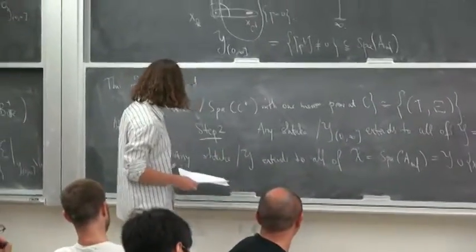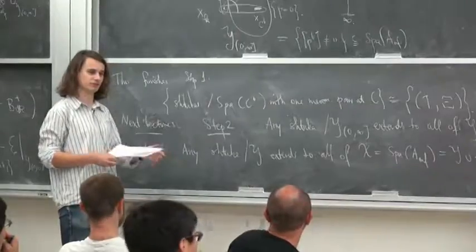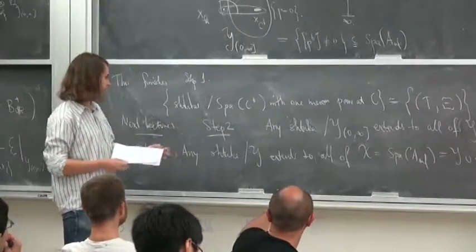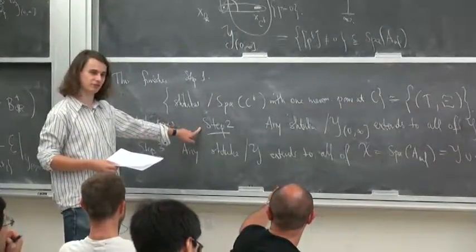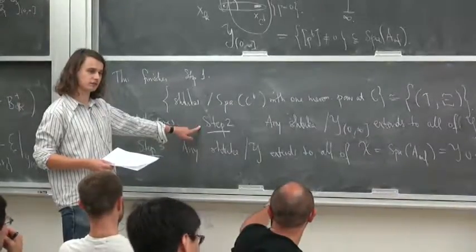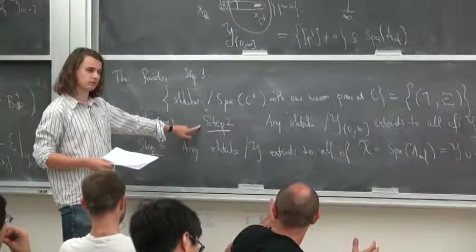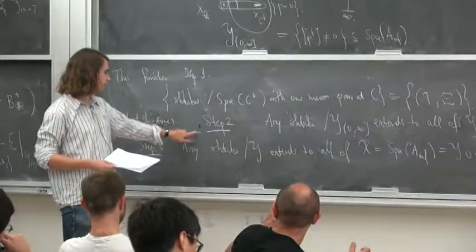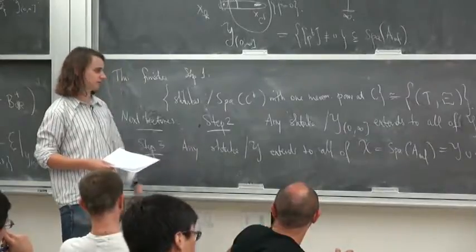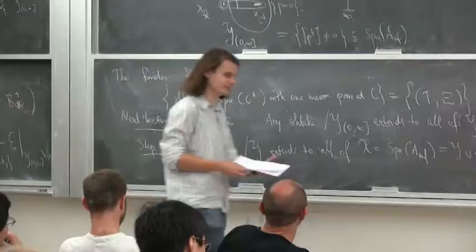Now, I mean, this last step is really just a statement that any vector bundle like this punctured spectrum can be extended to the whole thing, which I find quite conceptual. But in step 2, I will use that phi modules over b extend to phi modules over b plus. Yes, that's in 2. And something I need is matrix factorization. Yeah, that's probably more or less equivalent to this extending vector bundles thing.